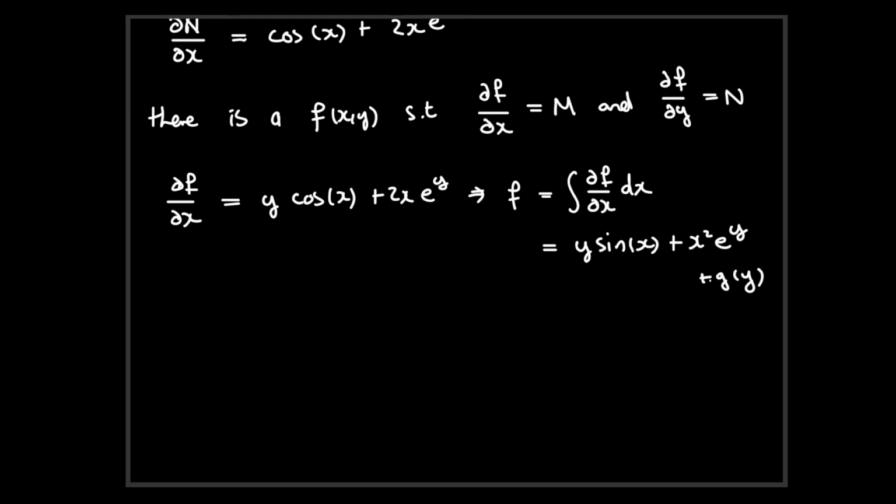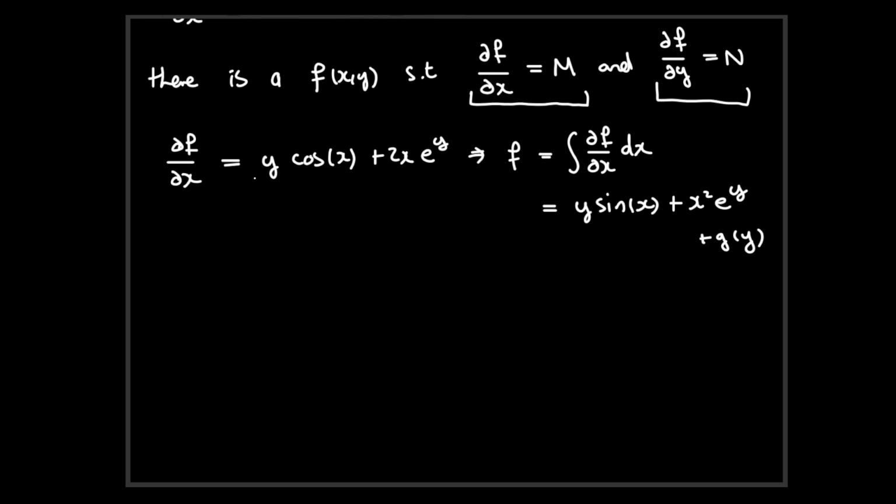Okay, so now that we've used this portion here, we need to use this portion here to solve for g of y. So take df/dy. This is equal to N. Let's differentiate this entire expression with respect to y and see what we get.